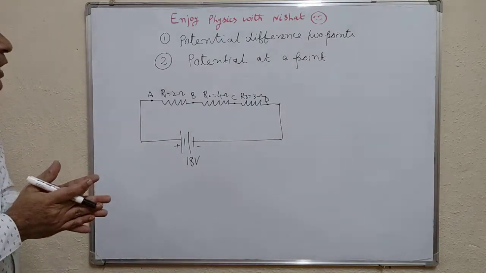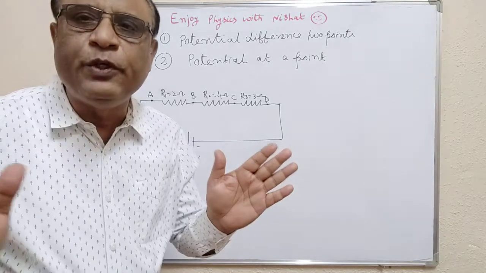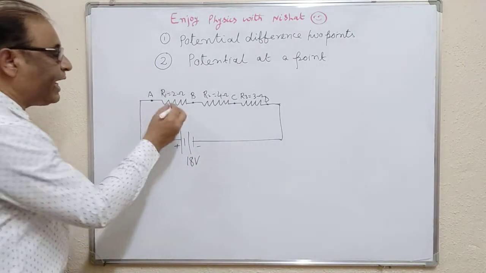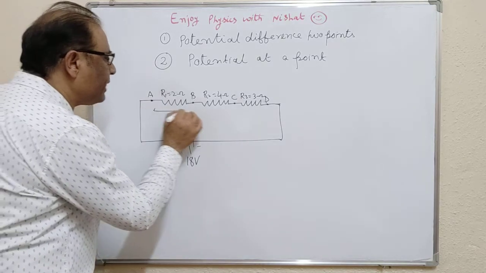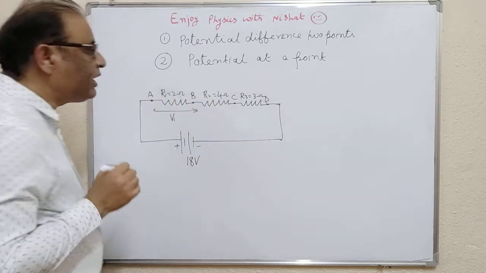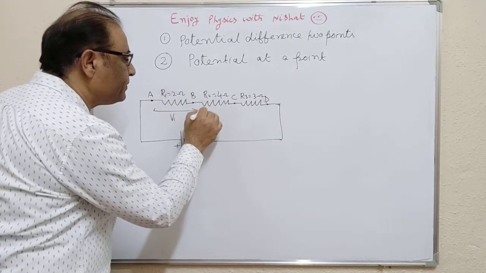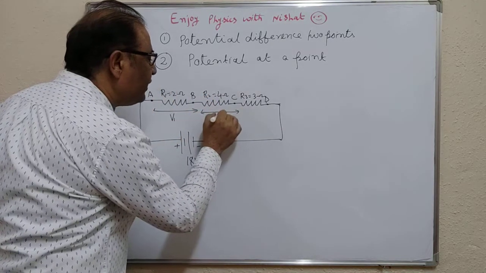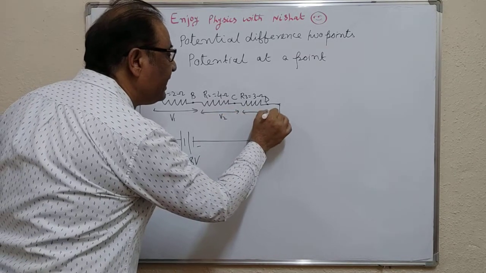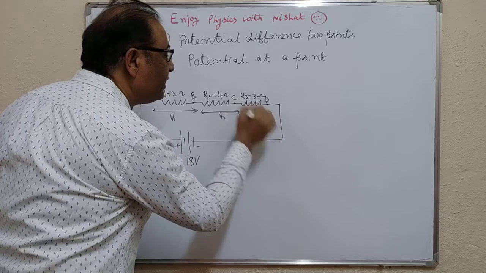First we are going to find out potential difference between 2 points. It means potential difference between AB, and this is known as, suppose, V1. Potential difference between BC is known as V2, and potential difference between CD is known as V3.